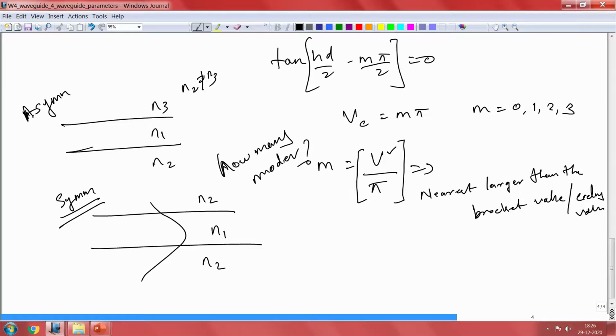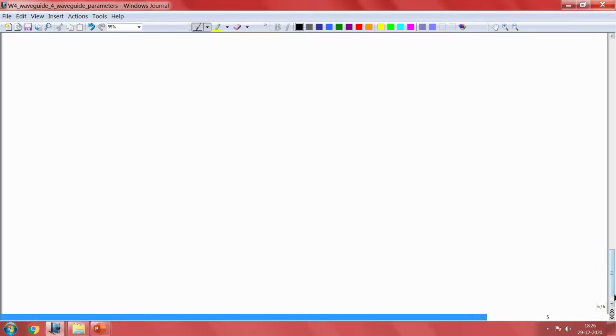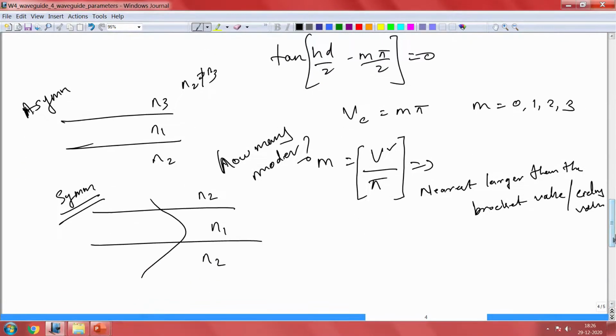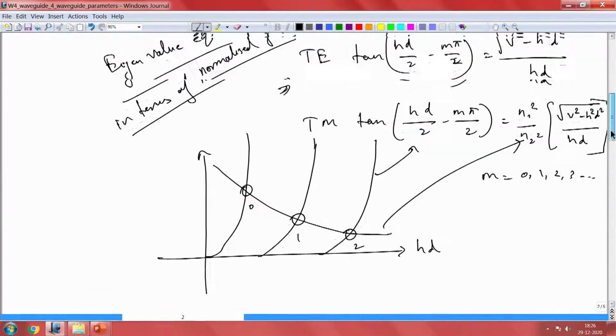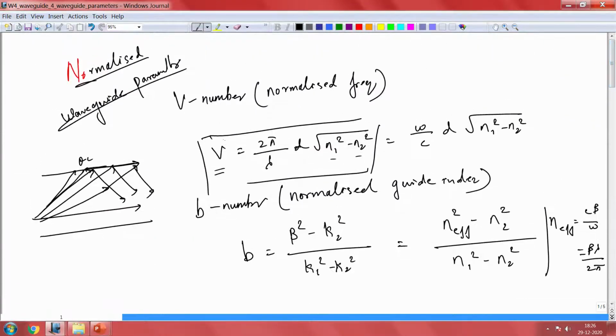Now you can easily understand the implication of having a large waveguide structure here. For example, we can take this V number, if I make this d larger, so I go from a very narrow structure to a very broad structure, you will increase the V number. The V number is going to be small here and very large here. What is the implication?